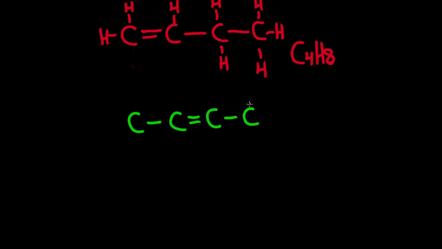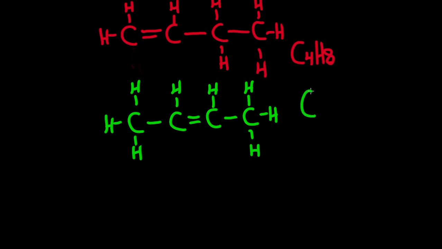Alright, so let me draw an isomer of this, which remember, an isomer is something that has the same formula but a different structure. So I'm drawing my isomer, which is also C4H8. All right, you can see that these 2 molecules are different.